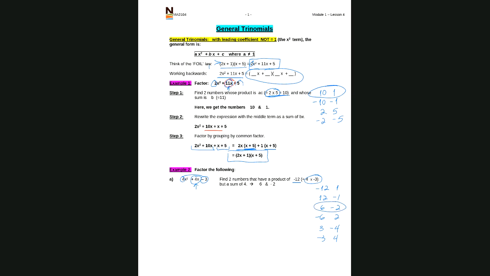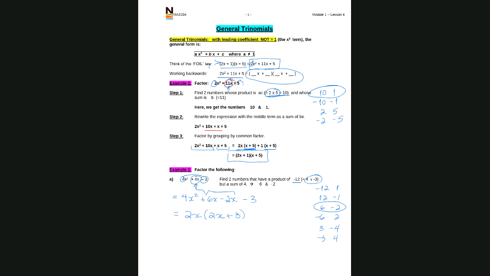Now, we rewrite the trinomial, but instead of 4x, we write plus 6x minus 2x, because it's still equal. Okay, and then negative 3. But we have 4 terms now, so we're going to factor by grouping. The first 2 terms have a common factor of 2x.